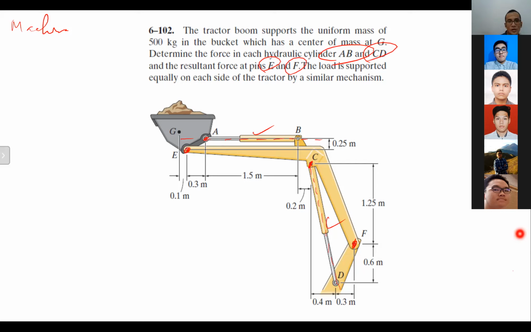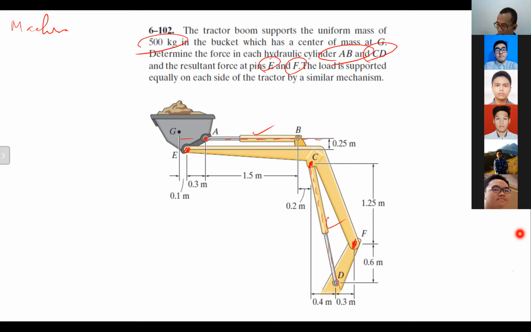Yes. So now, what do you think? Which one can we solve first? I think we can solve for E first, perhaps. Yes, because there the mass of 500 kilograms is known, right?